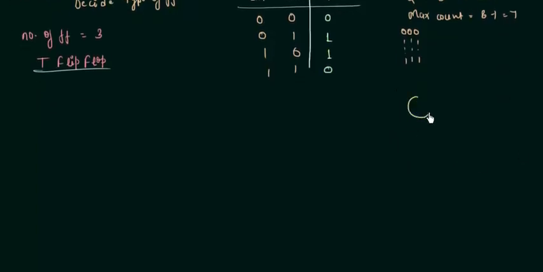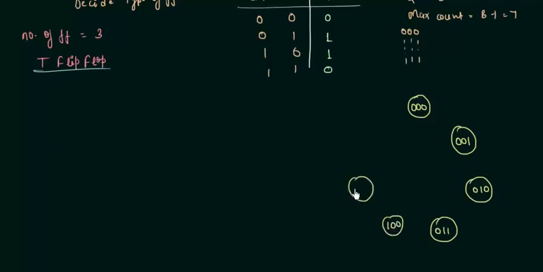This is our first state, 0 0 0. This is our second state, 0 0 1. Then we have 0 1 0, then 0 1 1, 1 0 0, then we have 1 0 1, 1 1 0, and finally we have 1 1 1.